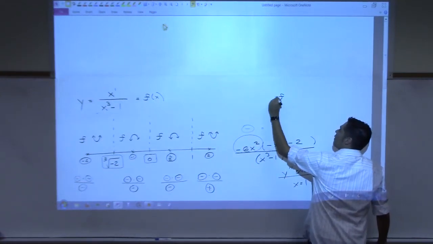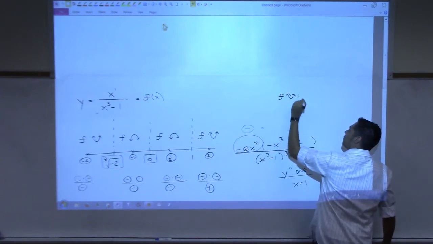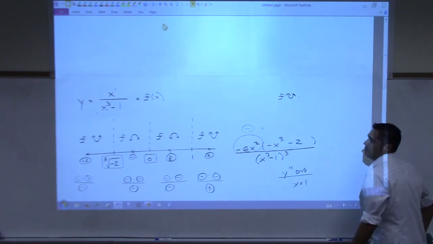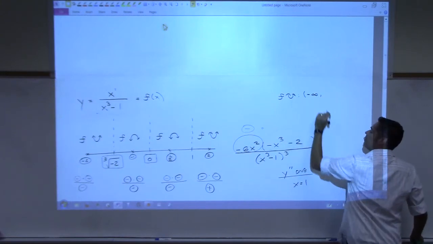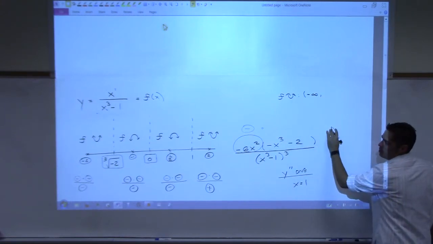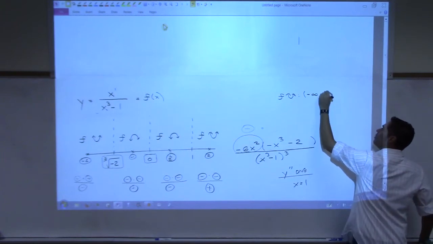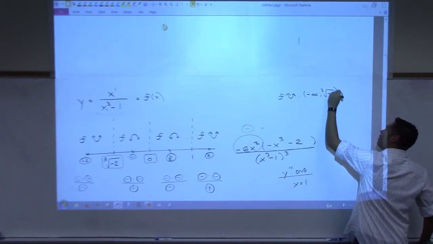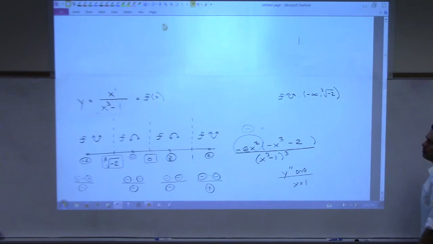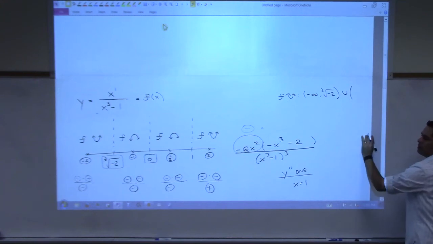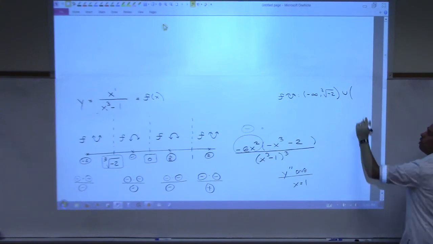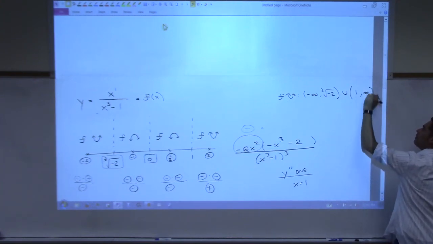Where is F concave up? From negative infinity to cube root of negative 2, union 1 to positive infinity.